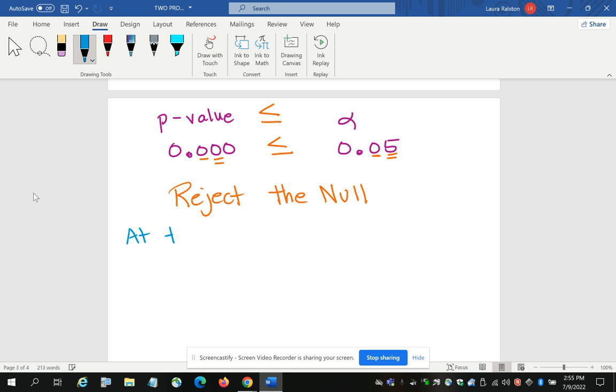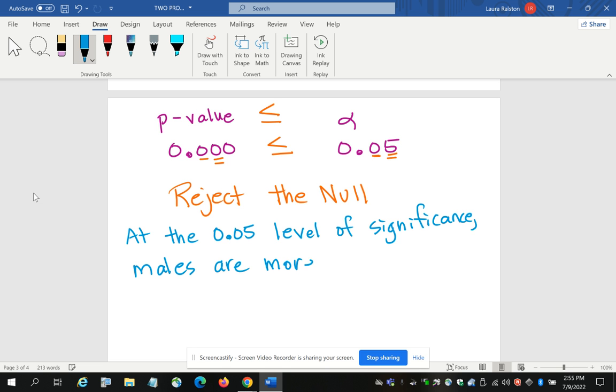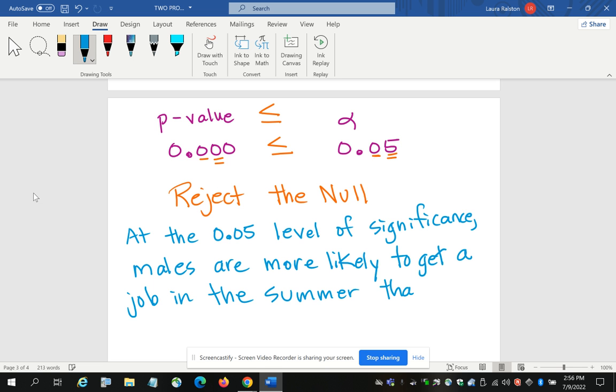At the 0.05 level of significance, males are more likely to get a job in the summer than females. Now again, that's based on the evidence that we have.